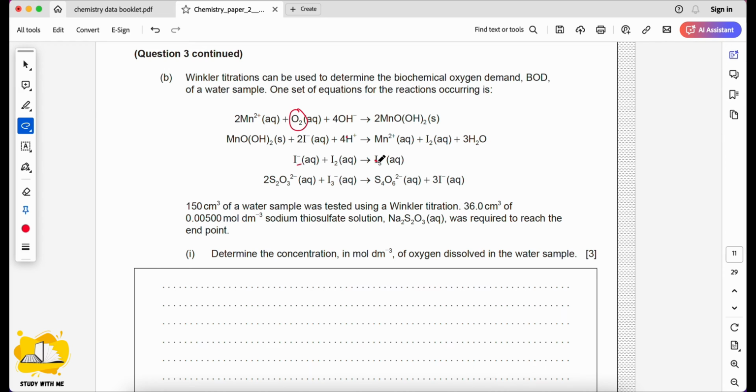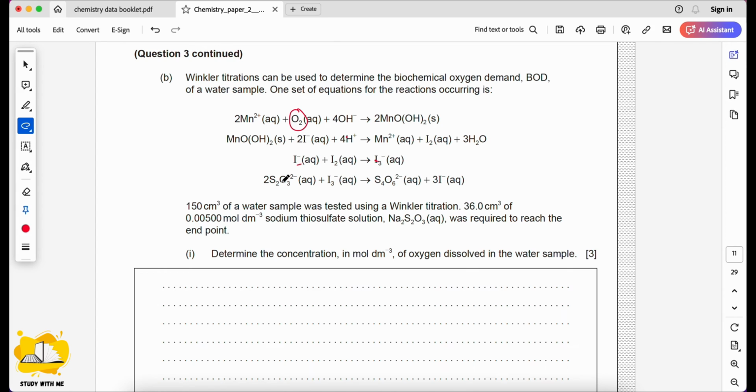Okay, I3- is then titrated with thiosulfate ion, which is used to determine the amount of dissolved oxygen, because when I3- is titrated with thiosulfate, it is proportional to the concentration of oxygen.